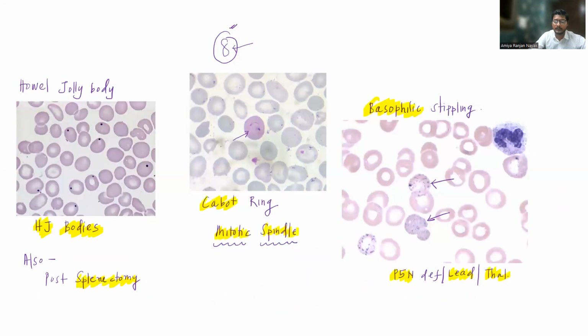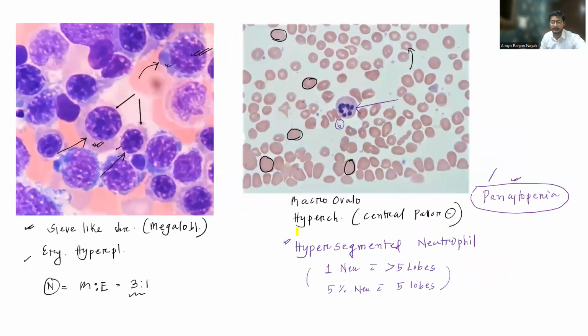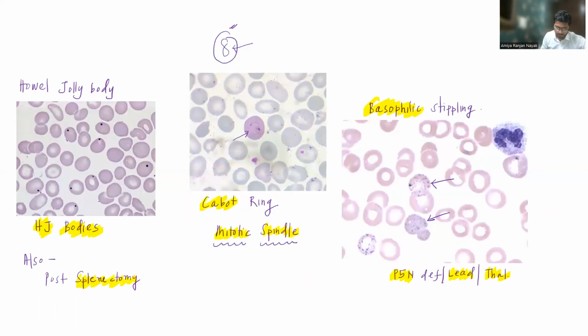There is one more point I'll try to mention here. Many times in patients with B12 deficiency, there will be some kind of peripheral hemolysis that happens, usually a type of extravascular hemolysis. The exact mechanism behind this hemolysis we do not know, but some amount of hemolysis happens here.